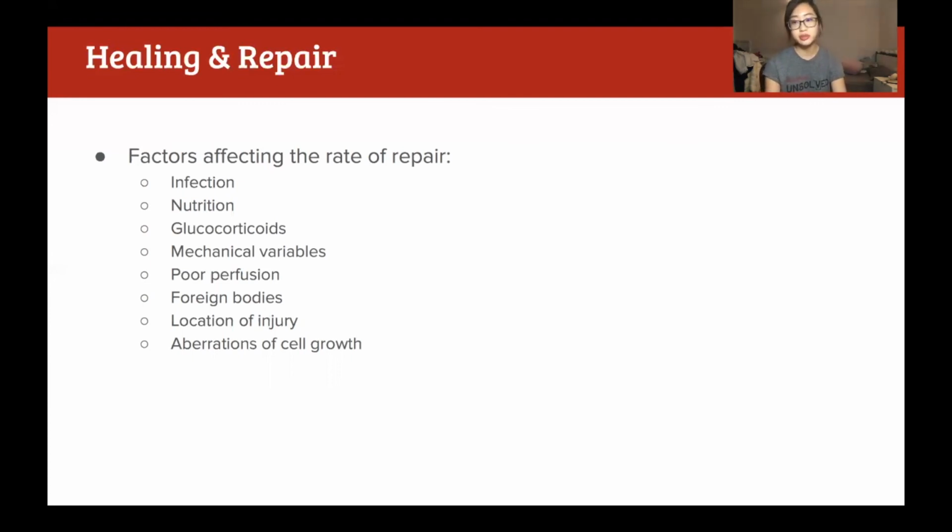There's mechanical variables. So let's say I have a wound on my forehead. How often do I move my forehead around? My eyebrows don't move a lot. But let's say I have an injury on my elbow, then that's going to be really pesky, because you can see that my elbow does that, and then it does that, and it is in constant motion.